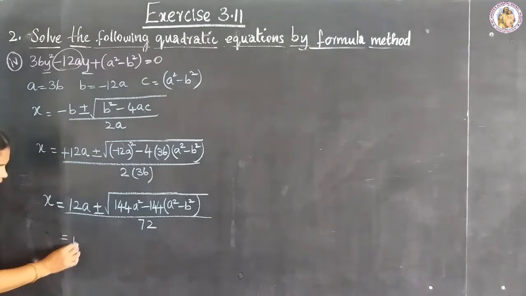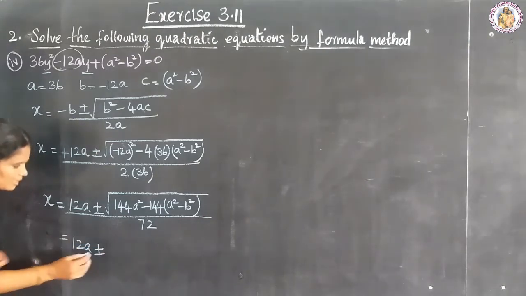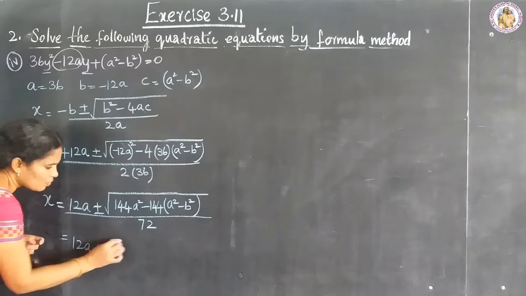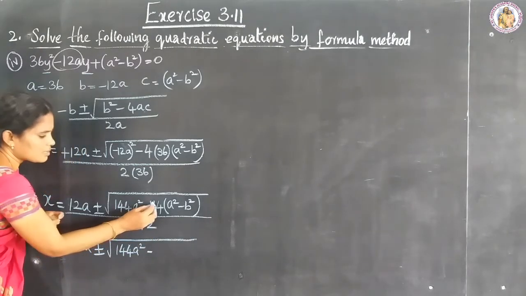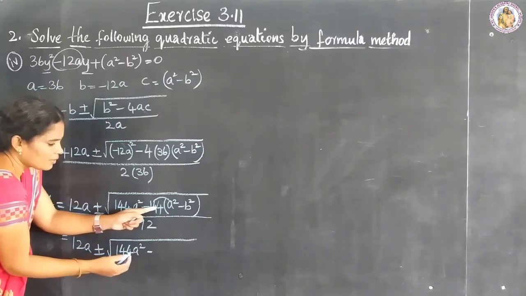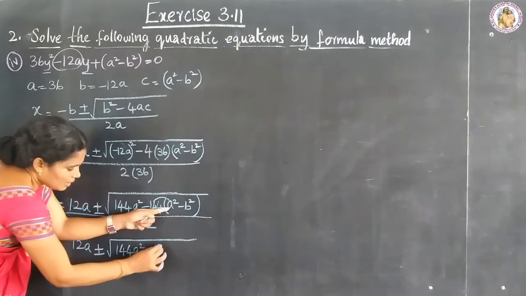Now 12a plus or minus 144 a square minus, 144 into a square.